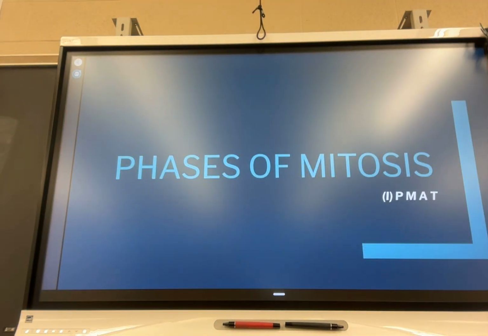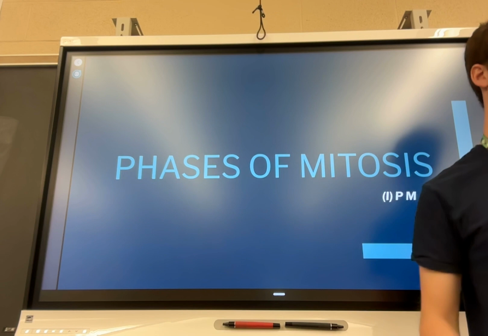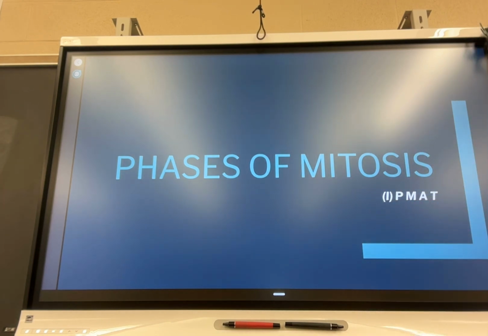And last but not least, can someone tell me the stages of mitosis? PMAT. Prophase, metaphase, anaphase, telophase, and cytokinesis. Good.